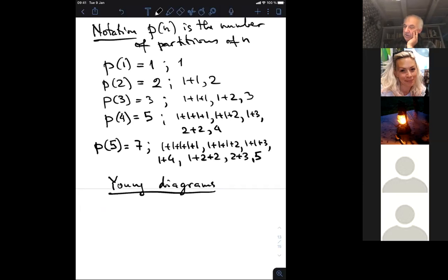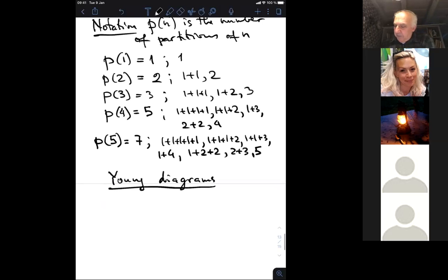And again, they appear in many places in mathematics. By the way, we can always think of a partition as a composition, but with non-decreasing entries.